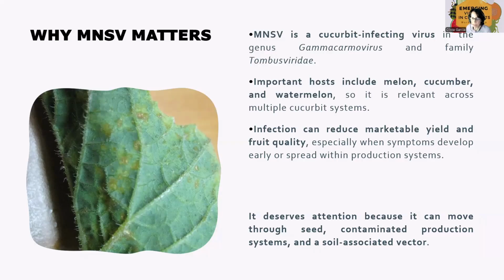It also stands out because it does not fit the pattern of an insect-vectored virus that spreads only above ground. MNSV can be associated with infected seed, contaminated production systems, and a soil-associated fungal vector. So effective management starts with thinking carefully about how the pathogen gets introduced and maintained.